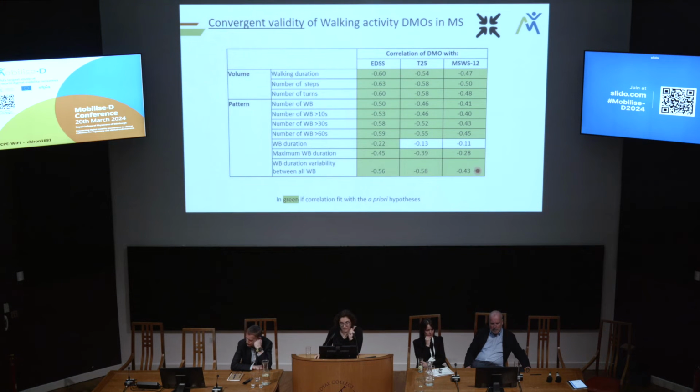Then here we painted in green the correlations that match our a priori hypothesis. Overall, the convergent validity of these parameters is quite good. There is one parameter that doesn't show good convergent validity, so maybe this is not a good DMO for this disease.